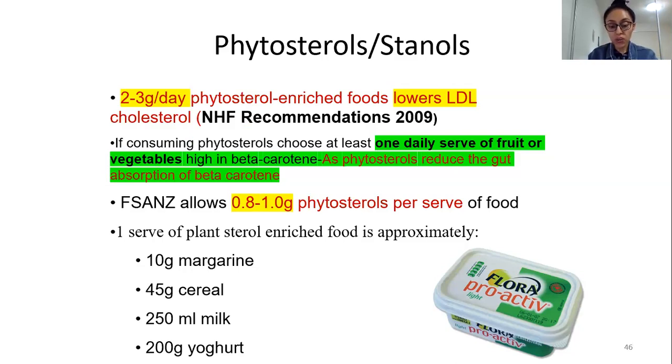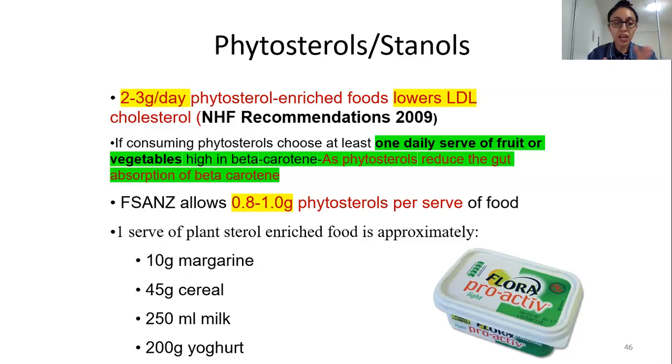And as a dietitian, what I would recommend is that you have a gap between your phytosterol enriched food versus the fruit intake, or the beta carotene enriched veggie intake which you're having. Okay, so basically say having proactive toast and then having an apple with it, try avoiding that in one meal, which is your breakfast generally.